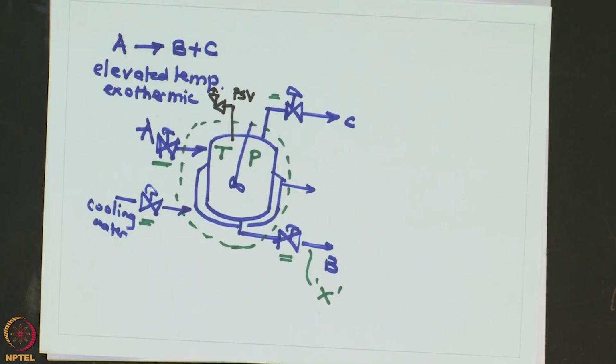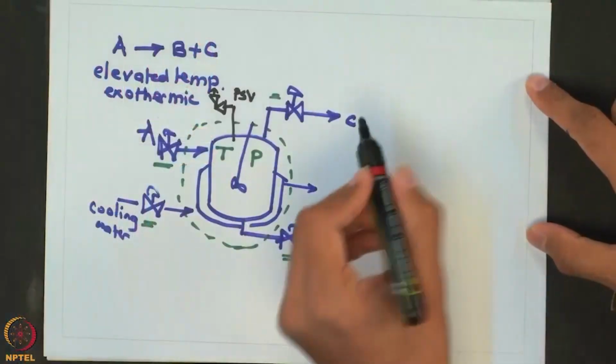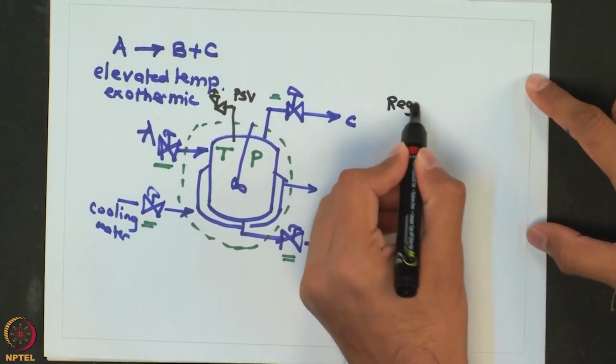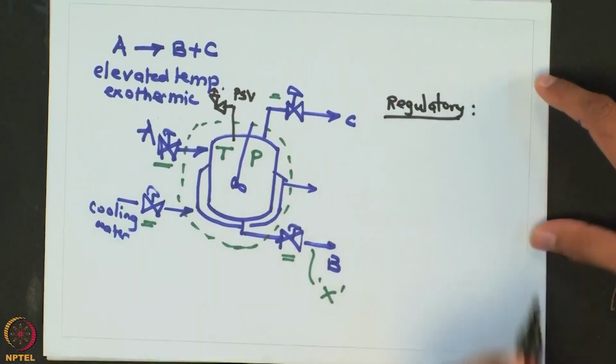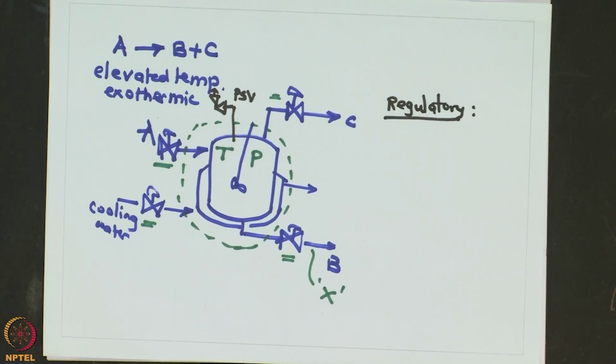Then we move on to the regulatory layer. So, the regulatory layer is the basic control system which has to operate or which has to take decisions of maintaining the operation at a time frame of a few seconds.